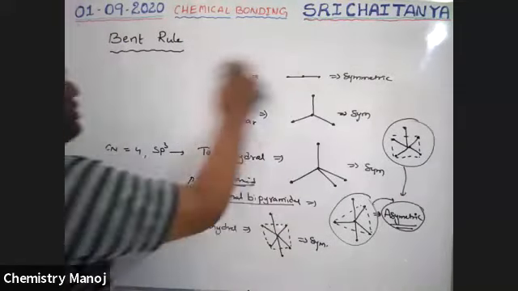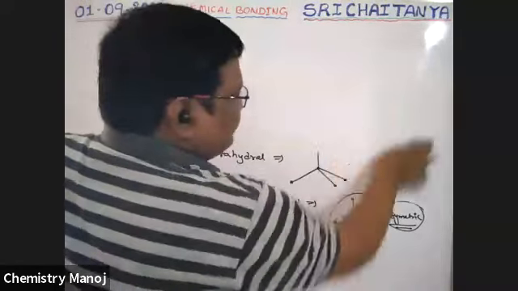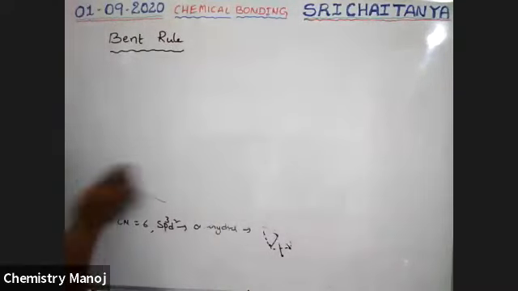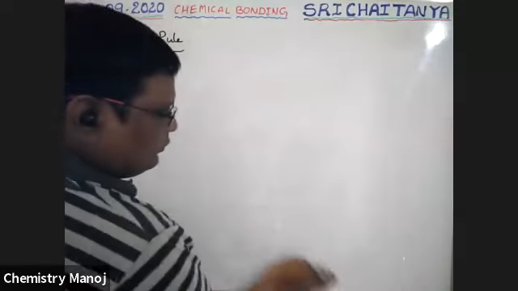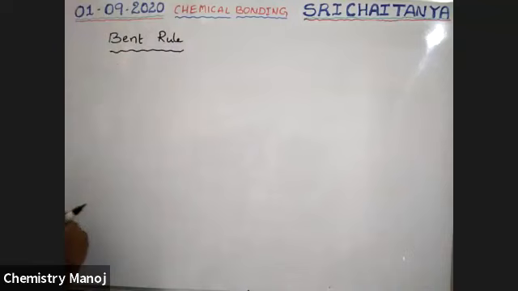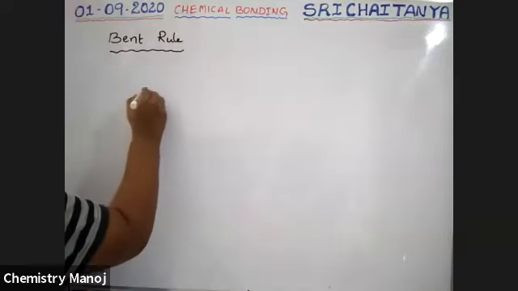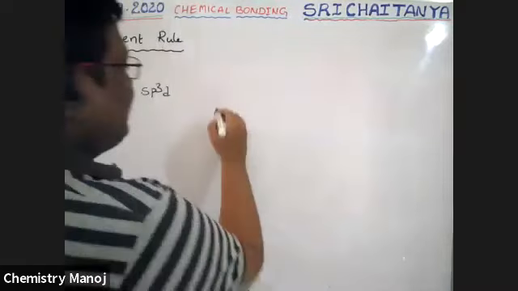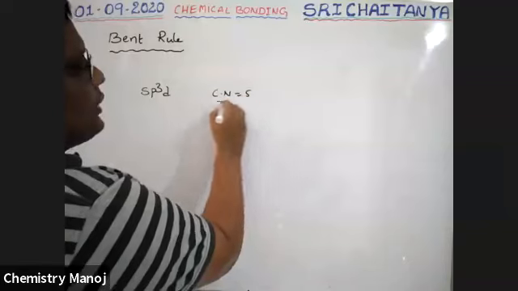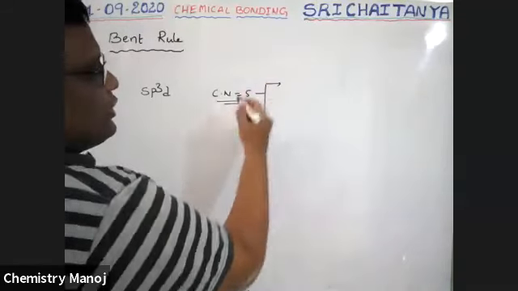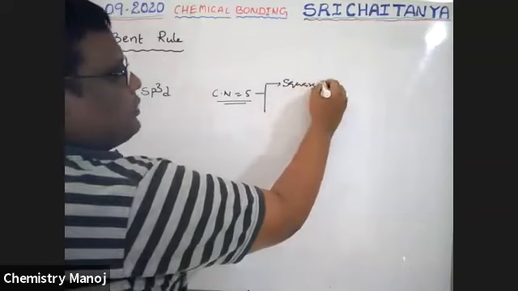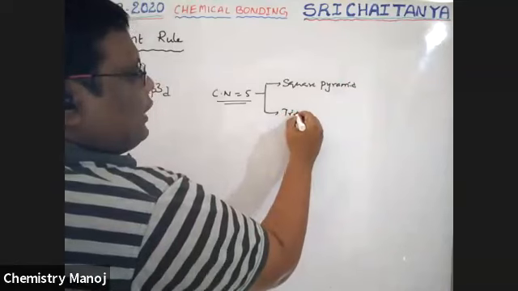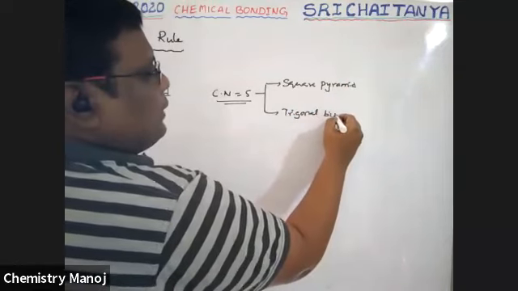See here what happens in case of asymmetric condition. In sp3d, in case of coordination number 5, the structure may be square pyramidal or trigonal bipyramidal.